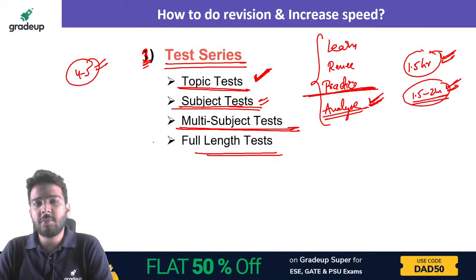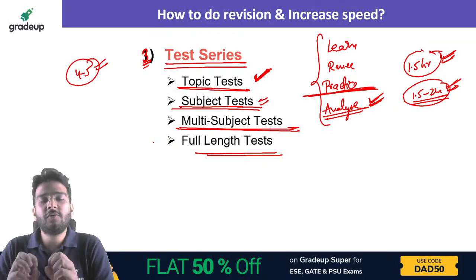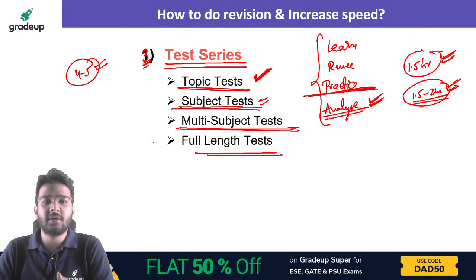Whatever strategy I have explained, you can pick one subject. And how to pick one subject? See, you have covered 5 subjects. Now what you can do is first pick that subject in which you feel you are uncomfortable. That means your weak subject, right? So you have to pick that subject first. Try to make it your strong subject, right?